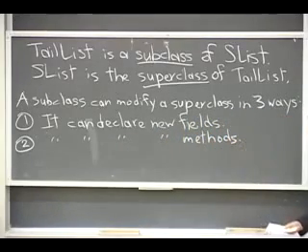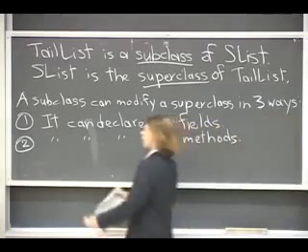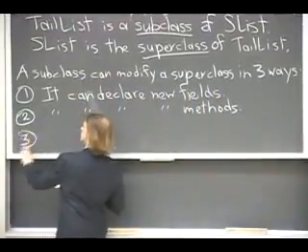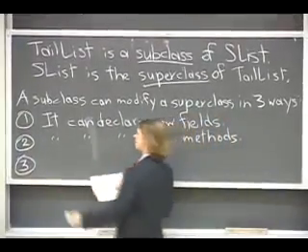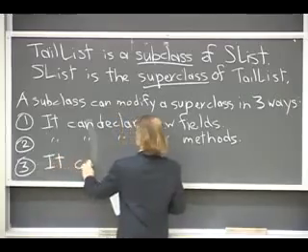So tail lists can have methods that S-lists do not have. You can call those. The third change, though, is in many ways the most interesting and in some ways powerful one, is that it can override old methods with new implementations.